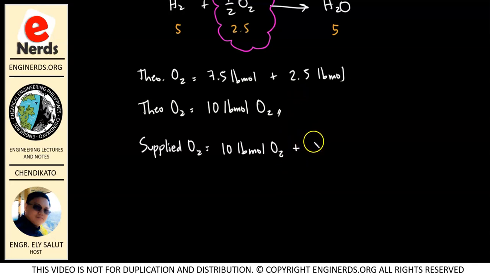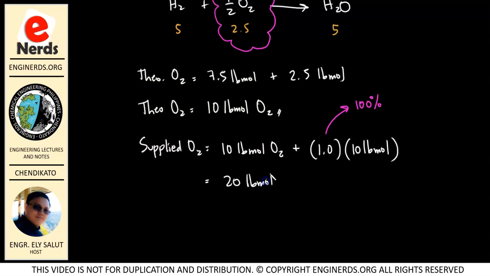So, therefore, we will have 1.0, which is 100%, no? So, itong 1.0 natin is the 100% excess air, no? So, this is 100% of our theoretical O2, which is 10 pound mole. Okay? So, therefore, our supplied O2 is actually equal to 20 pound mole of O2. Okay? So, yan ang ating supplied O2.